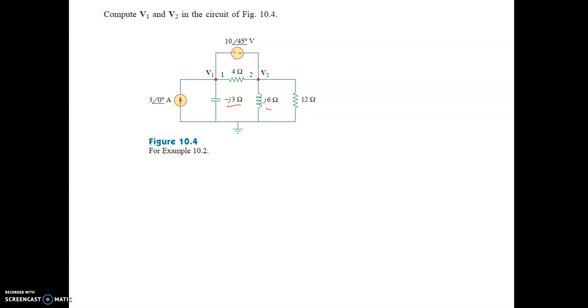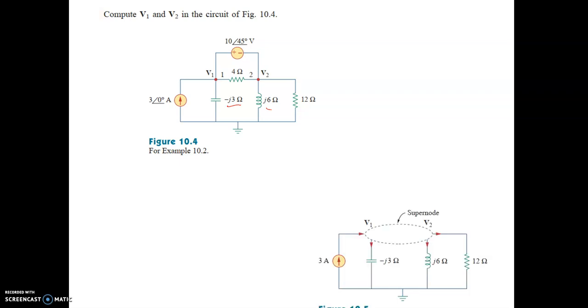When we apply the super node here, we have to use KCL for writing the equations. So this is 3A incoming current, the remaining are outgoing currents. 3A is incoming, so V1 by minus J3 plus V2 by J6 plus V2 by 12.